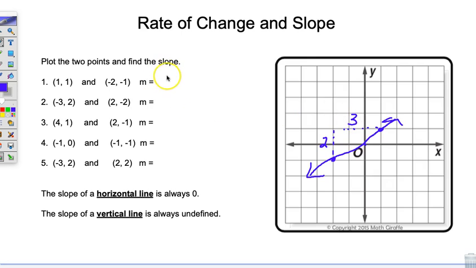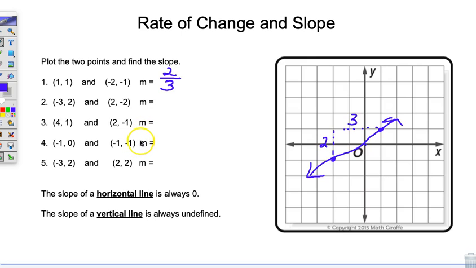So make sure when you write down your slope that you have a rise of 2 and a run of 3. You will notice that they are both positive because each time I moved towards positive numbers. I also know that because any line that moves from the lower left to the upper right is always going to have a positive slope.